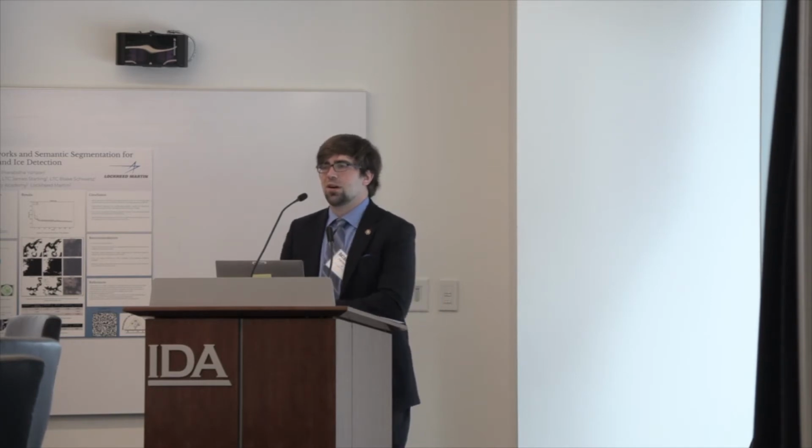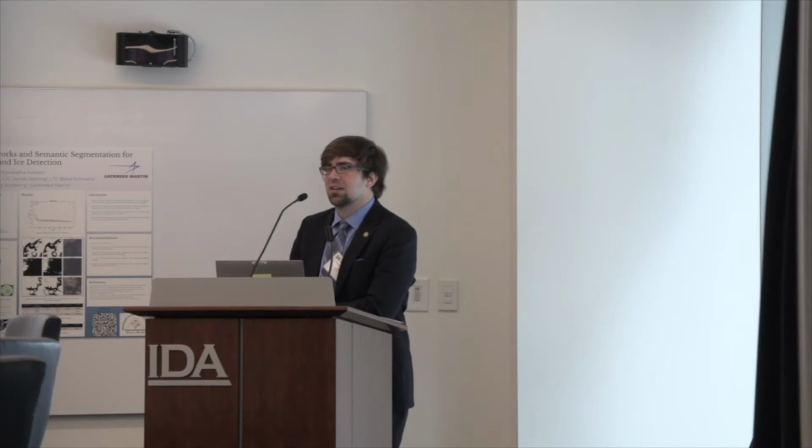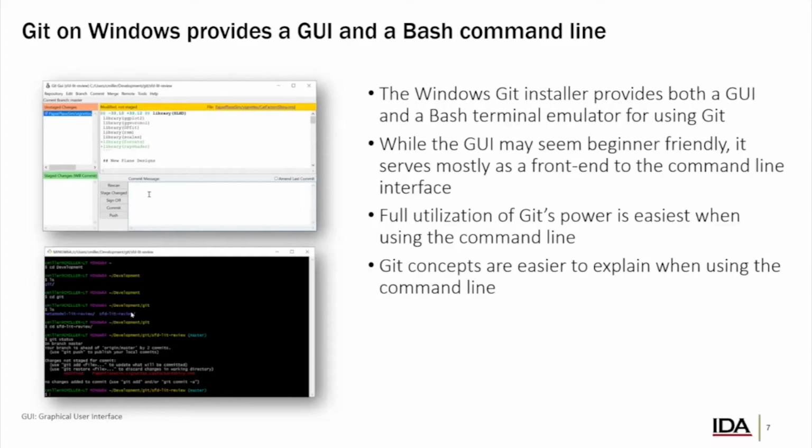And if you're looking for help on how to use it, or if you go onto the internet and ask people, how can I do this in Git, they're probably going to tell you some command line commands. So for the most part, I'm going to focus on the Git command line, but the concepts from talking about the command line should carry over. Ultimately, the graphical user interface is running the command line in the background. So that's what I'm going to focus my attention on.